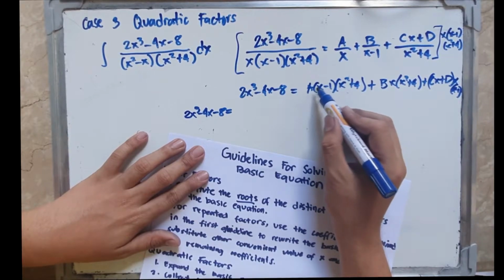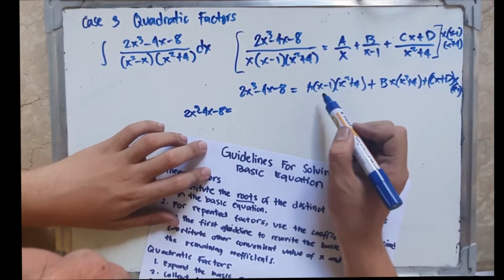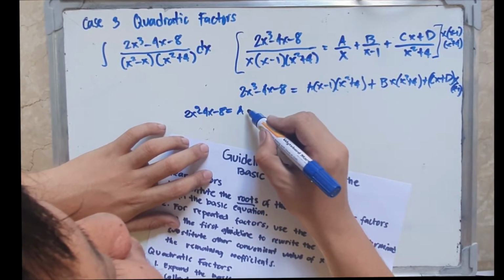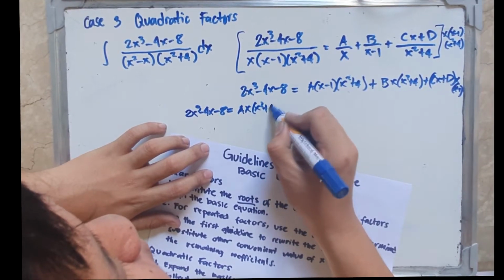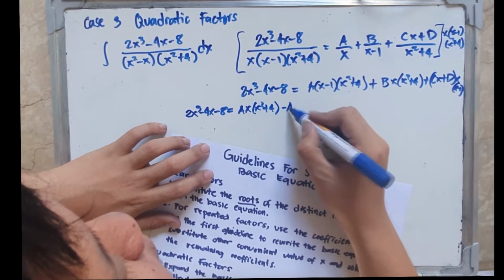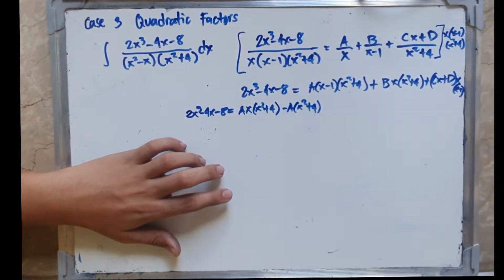Okay, so the expansion of this term right here, maybe I'll just have this as a(x squared plus 4) minus a(x squared plus 4).